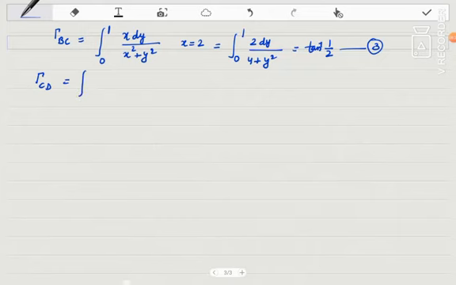Now come to gamma CD. Now I am writing it directly. In gamma CD, y is constant and x is variable.